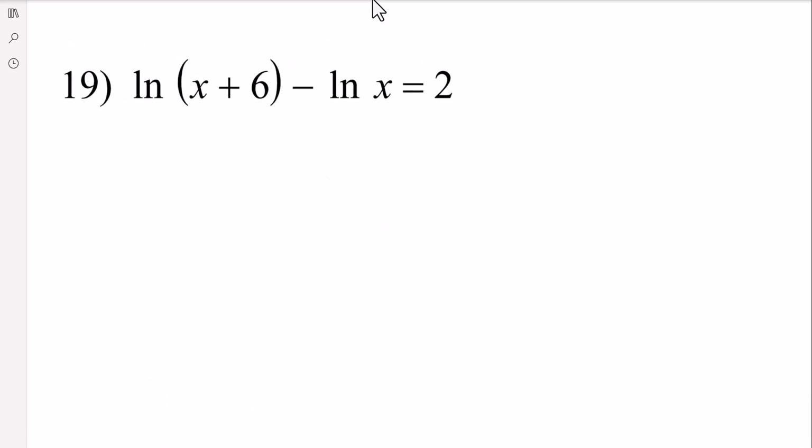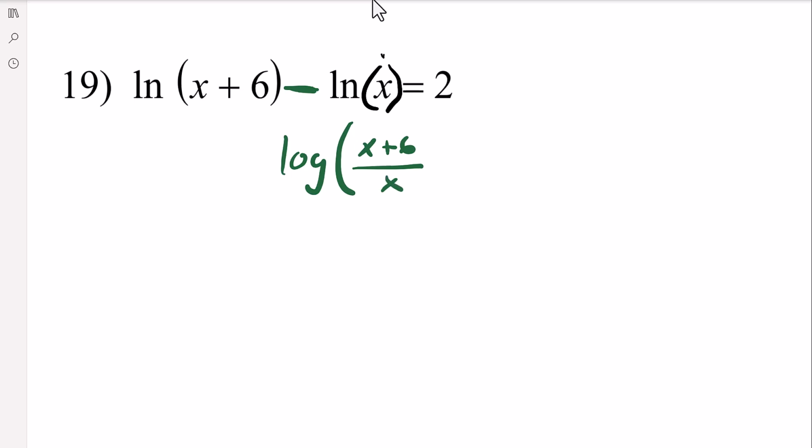Let's see. Ooh, this one's a little bit trickier. It's not equal to a log on the right side. So we first have to contend with this. So subtraction condenses to division. So log, the numerator is the x plus 6.